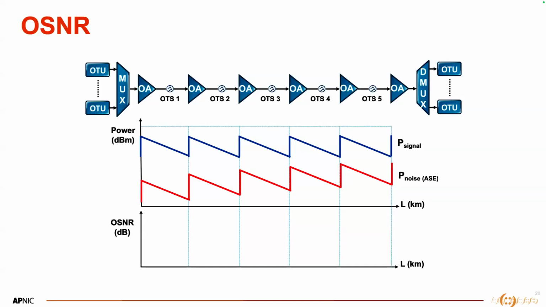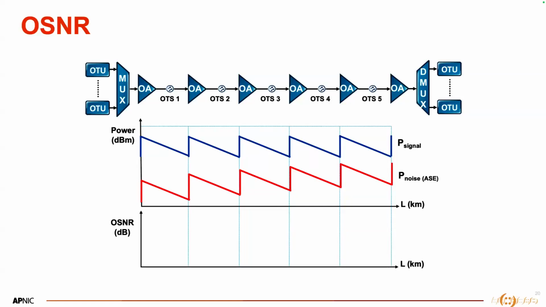Because when a signal passes through an amplifier, it adds a little bit of noise. We will discuss noise in later slides, but for now, just have this idea. Whenever a signal is passed through an amplifier, noise is added with that signal.